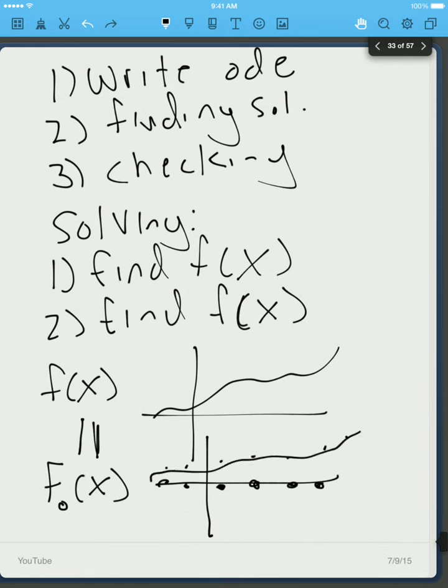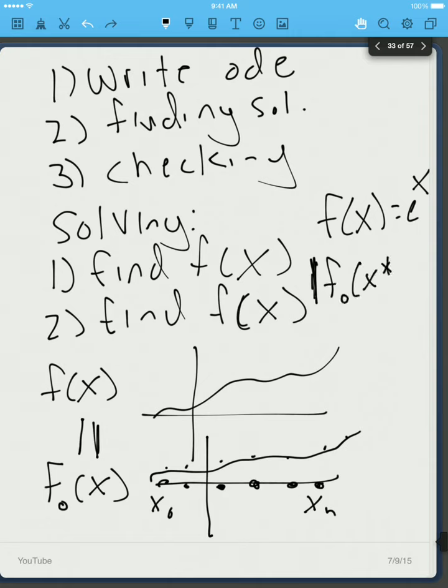And if we do a very good job, we'll basically numerically find it, even though we won't have the case that f of x equals e to the x in the numerical case, but at discrete points that we pick, we'll say x0 all the way up to xn, we'll know the value of it at discrete points, and we're interested that basically f0 at some x star, one of the discrete points, minus f at x star, so really the approximating value minus the true solution, is small. It's less than some small quantity.